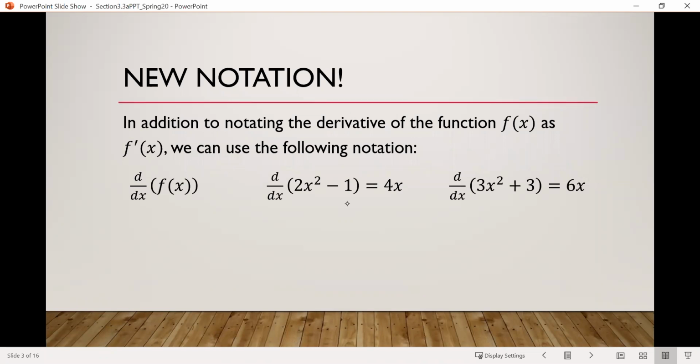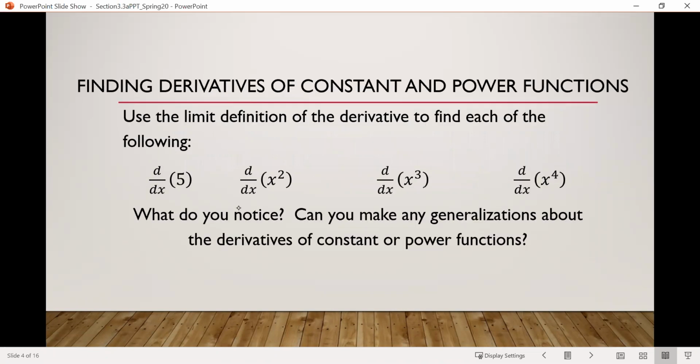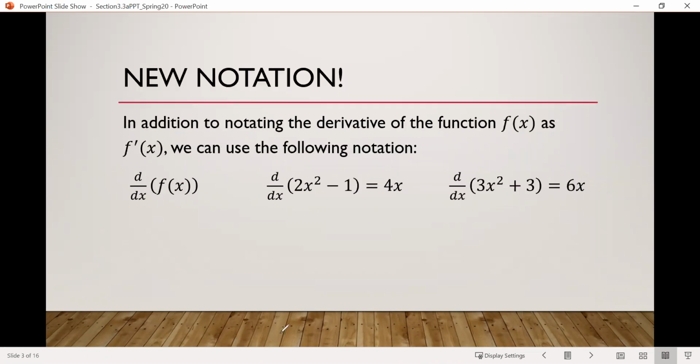Before that though, just some new notation that you'll need to be aware of as we move forward. Before, in section 3.2, when we were talking about the derivative of a function called f of x, we used the f prime notation, the f with the apostrophe of x.